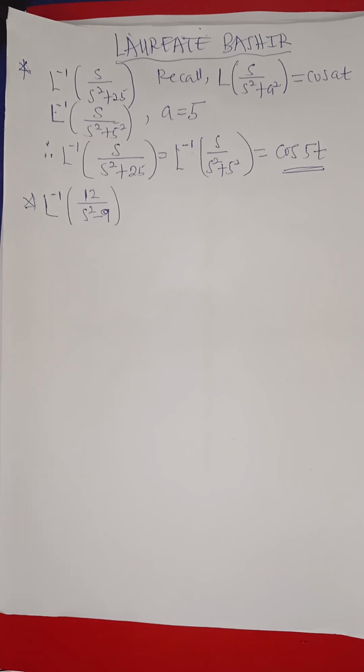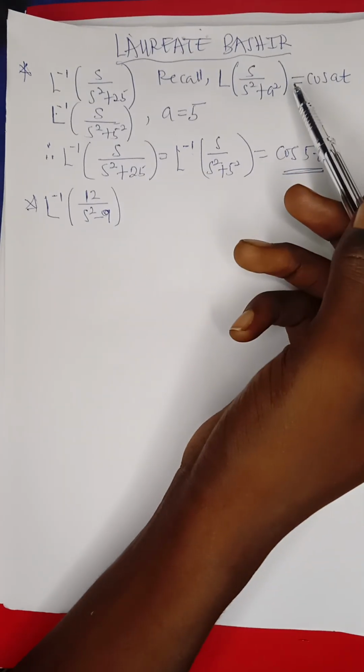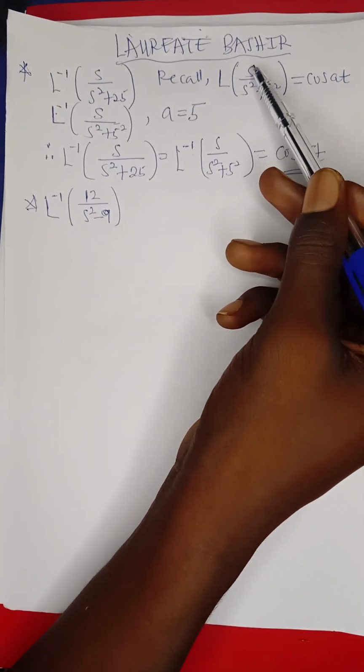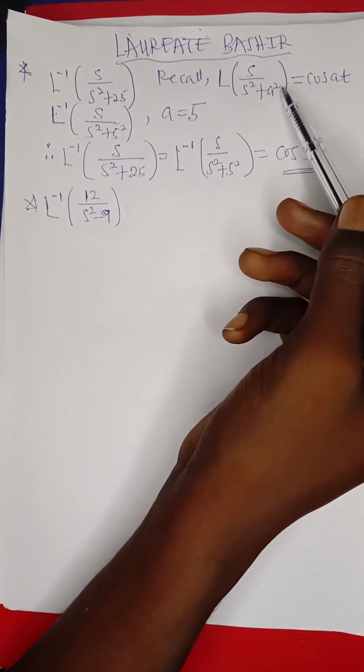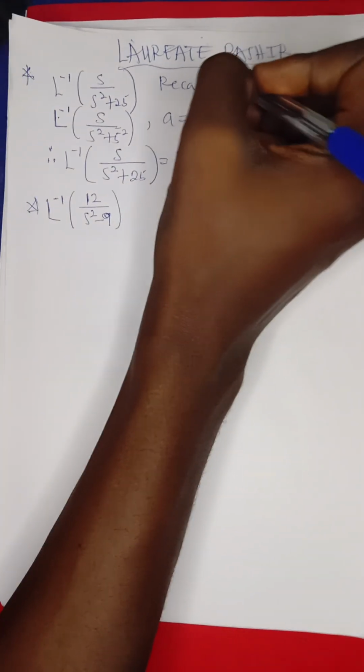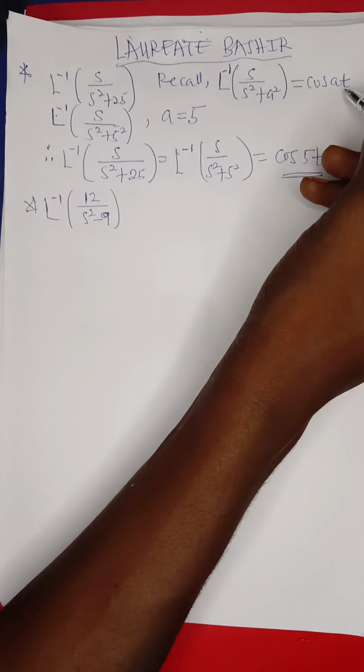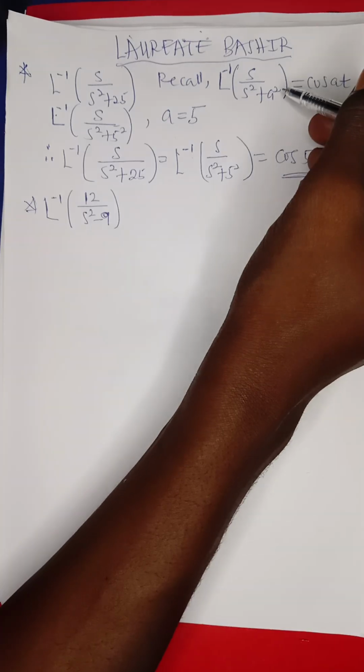You can recall from the Laplace table that, here I said Laplace of s over s square plus a square, it should be Laplace inverse. Yeah, because Laplace of cos at is s over s square plus a square, right?